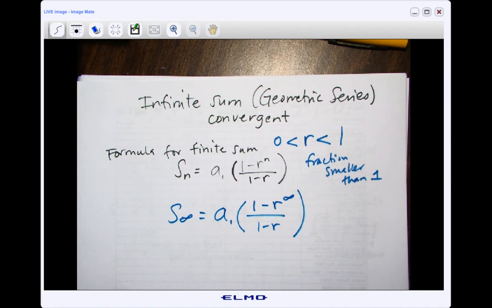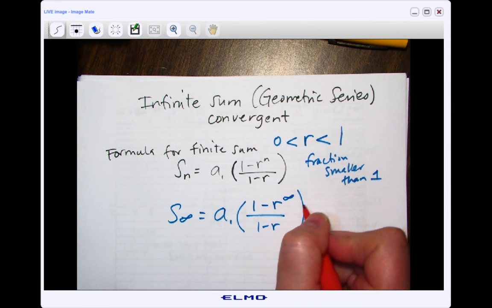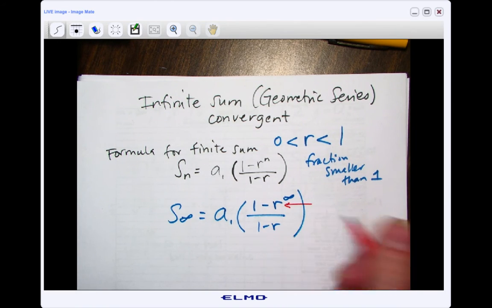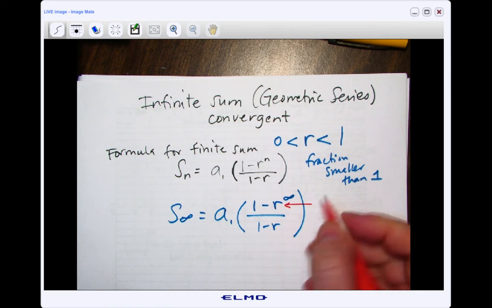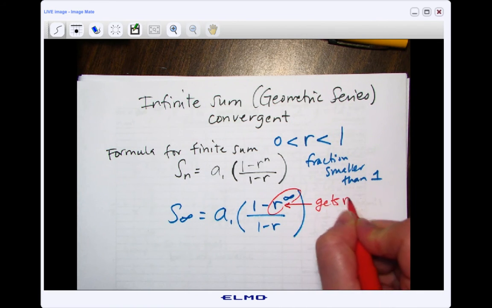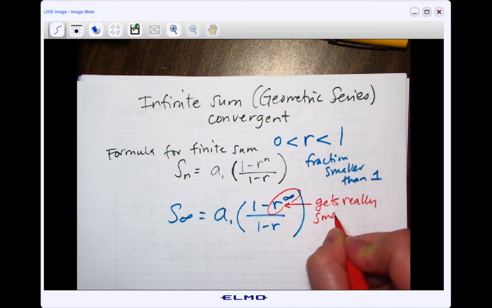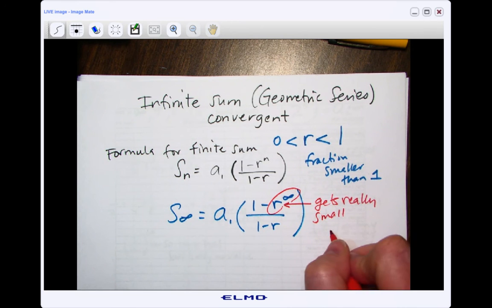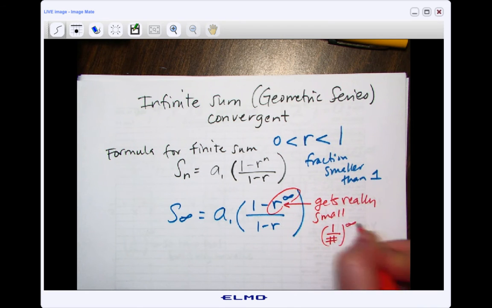So if you were raising a fraction, a 1/3, a 1/8, a 2/16, 2/37, whatever it is, this is going to get smaller because it's a fraction raised to infinity.